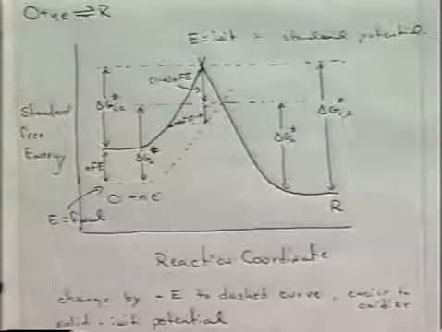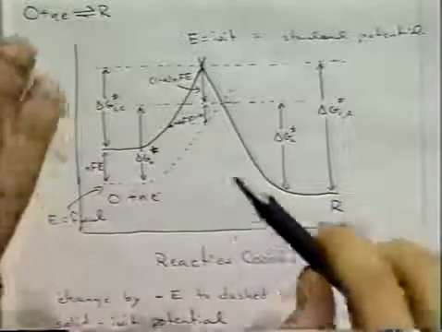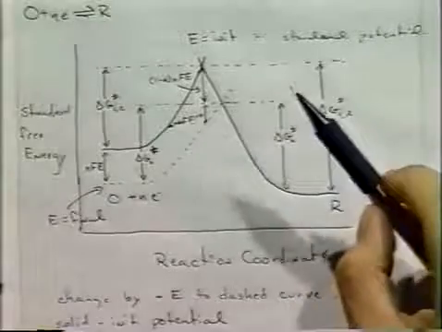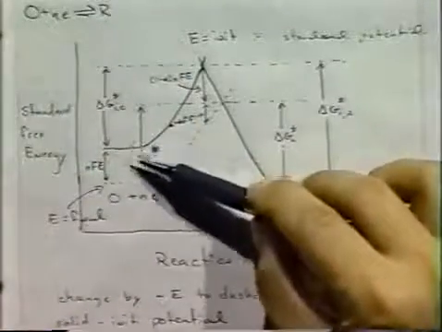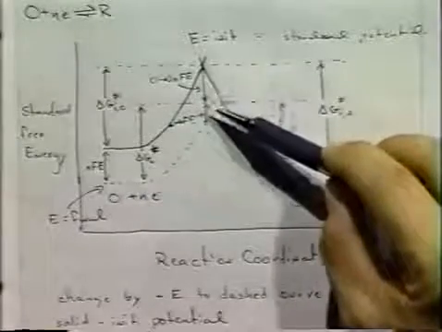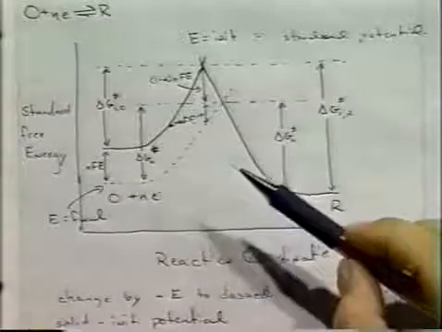And this is a critical point. The shape of these curves I've drawn is basically straight lines, and I didn't do a very good job of drawing those. The amount that the activation energy changes for the cathodic and anodic processes isn't the same as the energy change we applied.